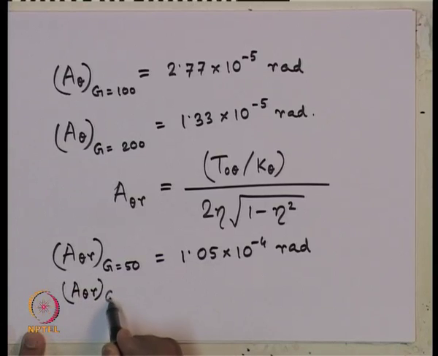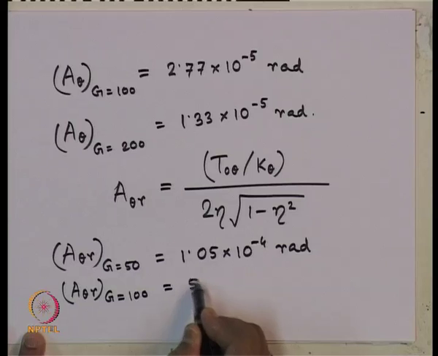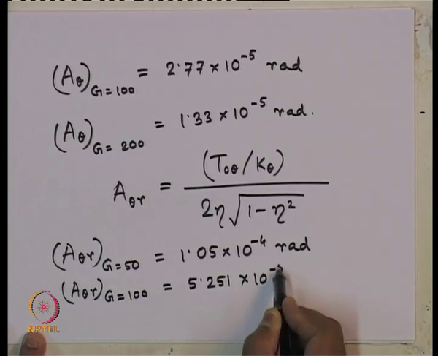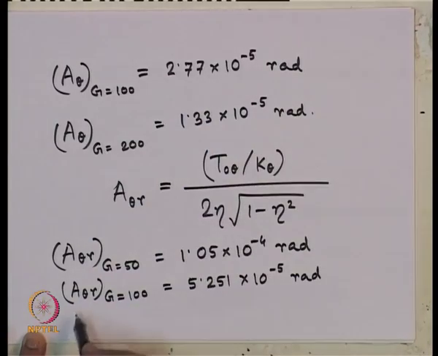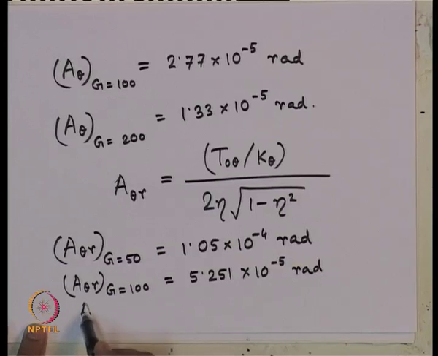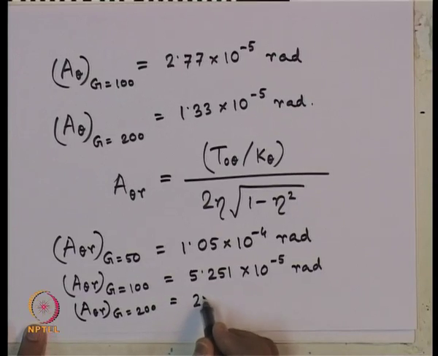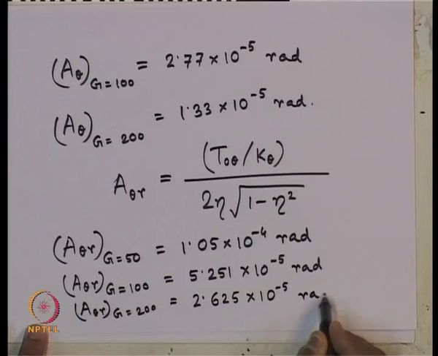A theta r at g equals to 100 is coming 5.251 into 10 to the power minus 5 radian. Look, this is more than this value, and a theta r for g equals to 200 is coming as 2.625 into 10 to the power minus 5 radian.